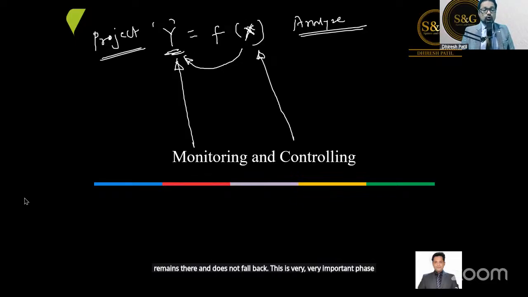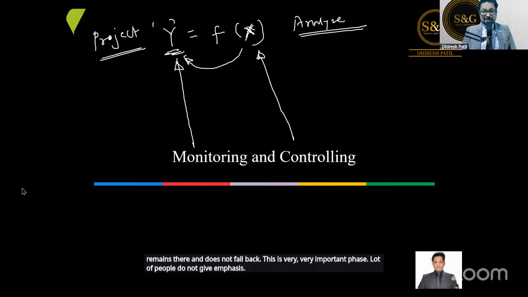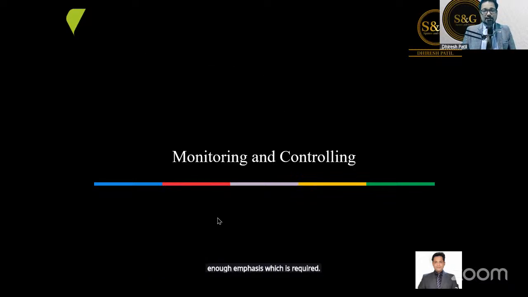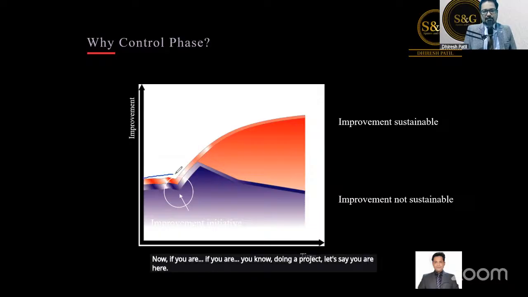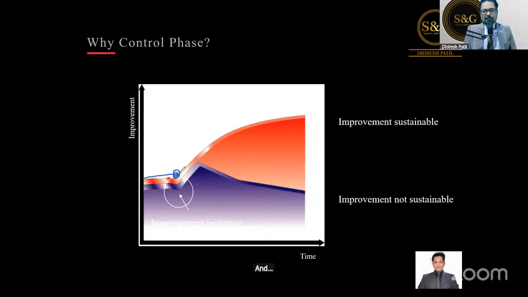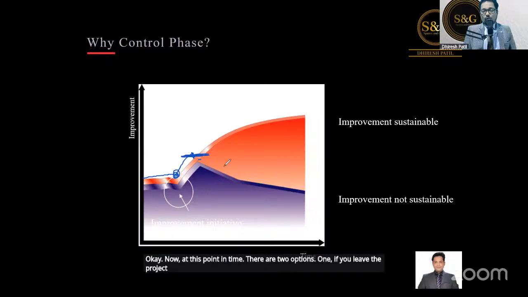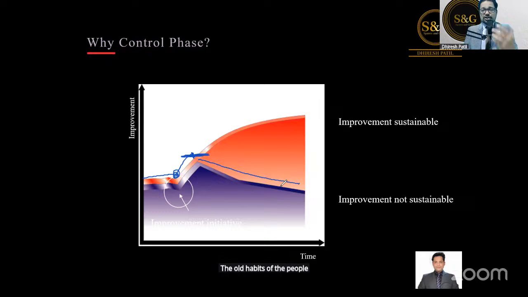A lot of people do not give the emphasis which is required. Now, look at this diagram. If you are doing a project, let's say you are here and you have started doing a project and you have reached here. At this point in time, there are two options. One, if you leave the project, it will go back again because the old habits of the people will not change immediately.